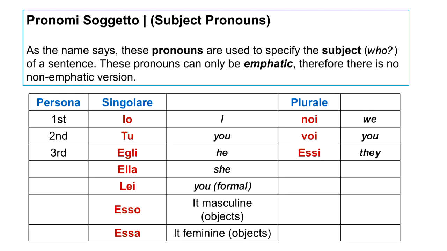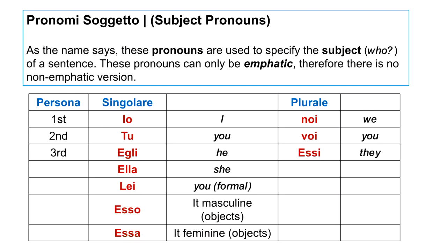Esso, if the object is masculine, like, for example, esso, referring to the table, il tavolo, is masculine, and it's an object. And essa, if you are referring to an object that is feminine. For example, la barca, the boat. Okay? La pasta, pasta.